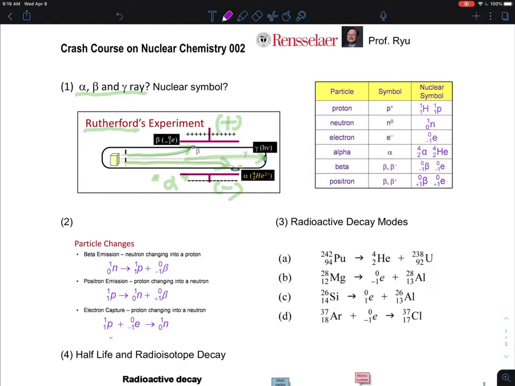And then later he found out the alpha particle was a helium, which has atomic number 2 protons with an atomic mass of 4 and has a plus 2 charge. So we can think about the alpha particle as the positively charged one.